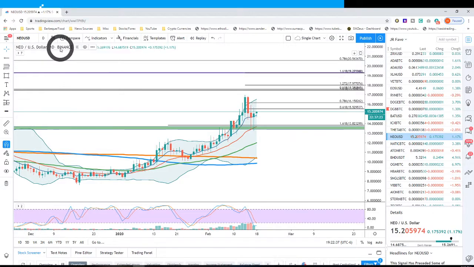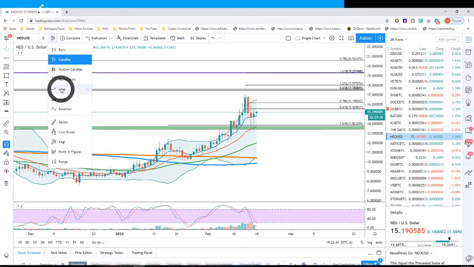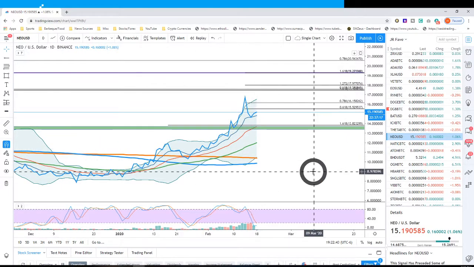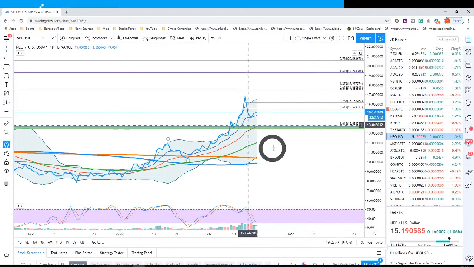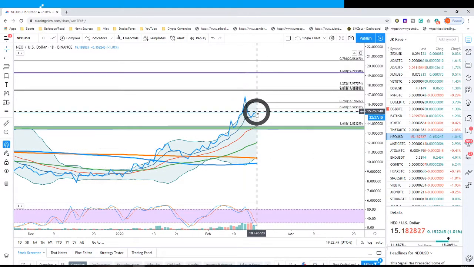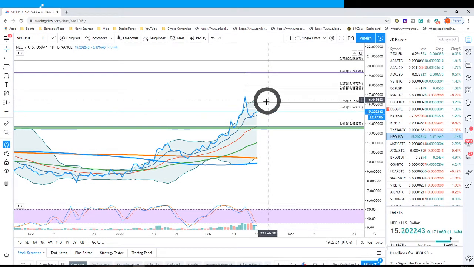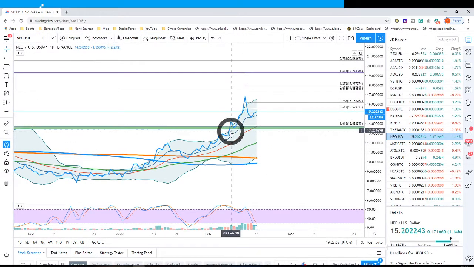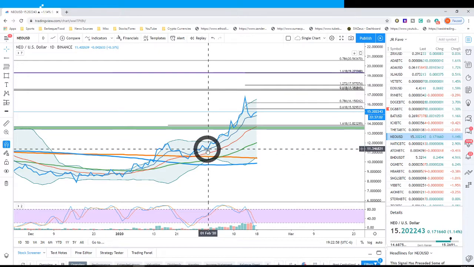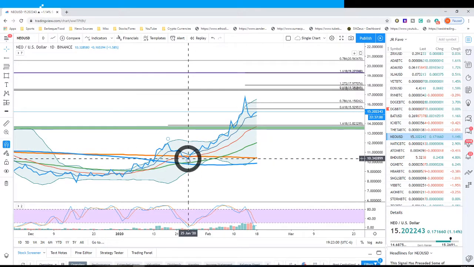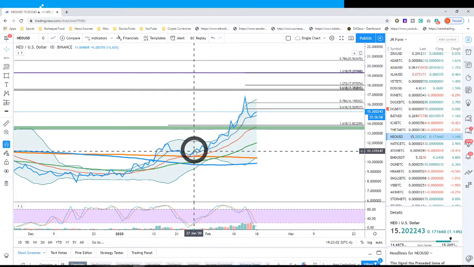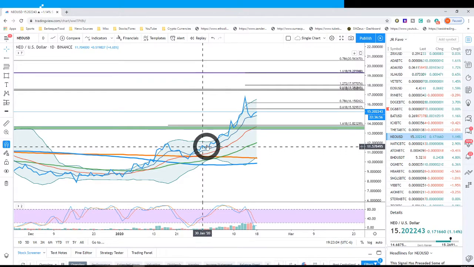If you're tired of looking at wicks, go up here and change from candles to line. That kind of simplifies things a little bit. Bounce off the 10 EMA, bounce off the 10 EMA, bounce off the 10 EMA. Once it did close above the 10 EMA, boom.